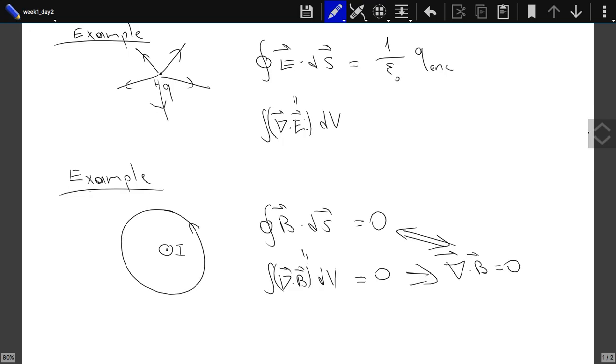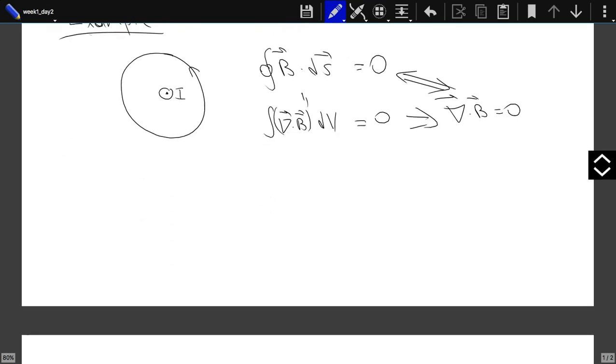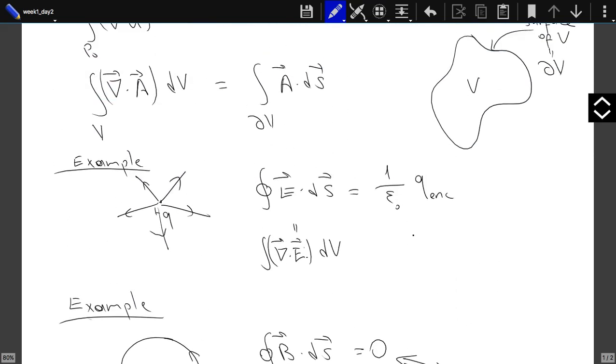Now, in this example, we said that the curl of B is non-zero. Now, if we go back to the electric field example, the integral of E dot dl around any closed loop in electrostatics was 0.